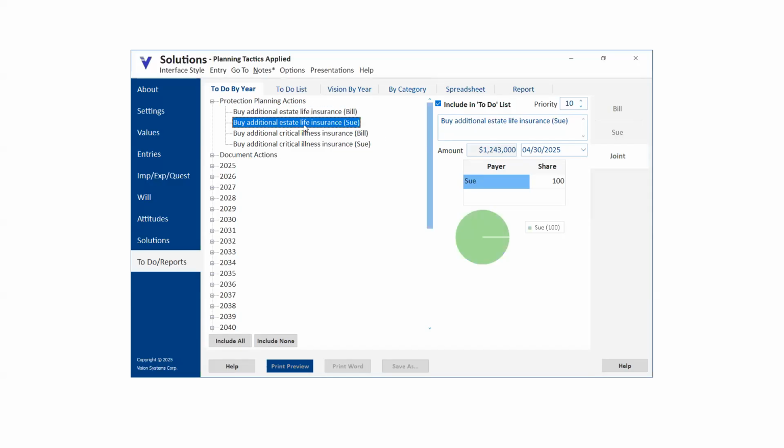If we go to Sue's life insurance need, remember that by applying legacy planning tactics, we've reduced the negative residue for distribution to zero. So there's enough cash to meet all the expenses. What this represents is what would be necessary to keep the estate whole, to pay all the terminal income taxes and probate fees.